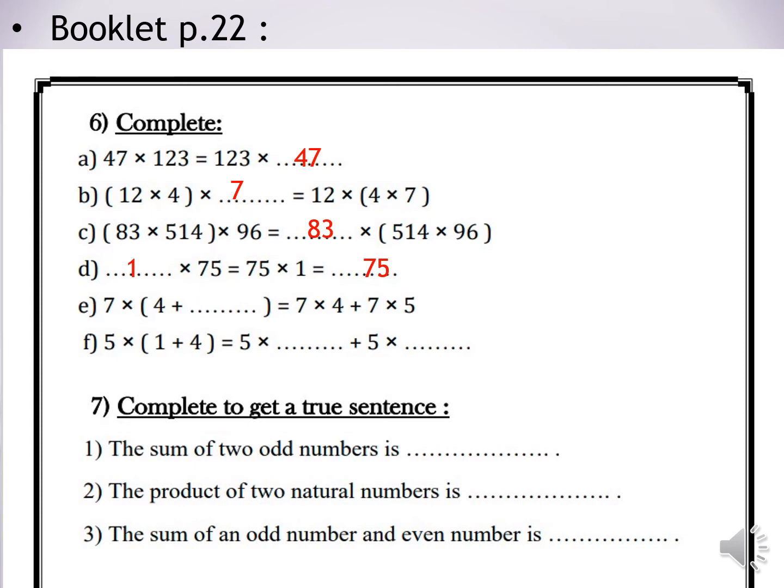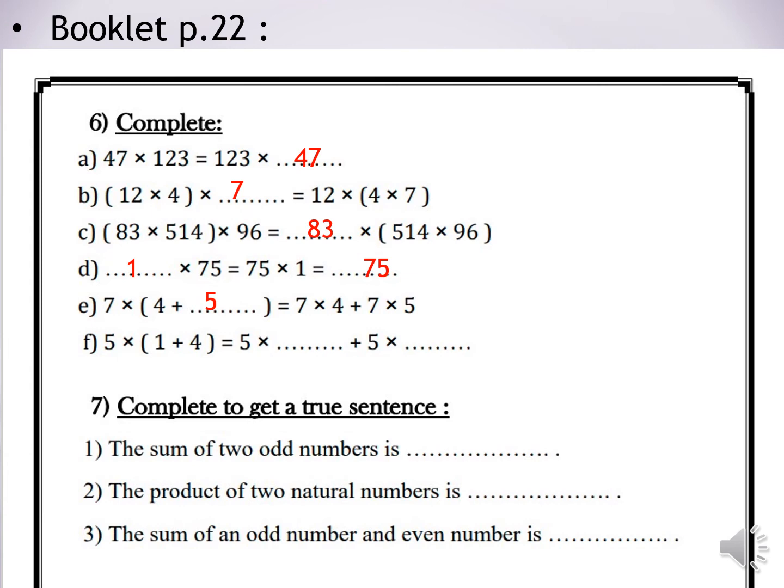So 7 times 4 plus 7 times 5. So the second number in the brackets will be 5, as 7 multiply 4 and plus 7 multiply 5. This is the distributive property.